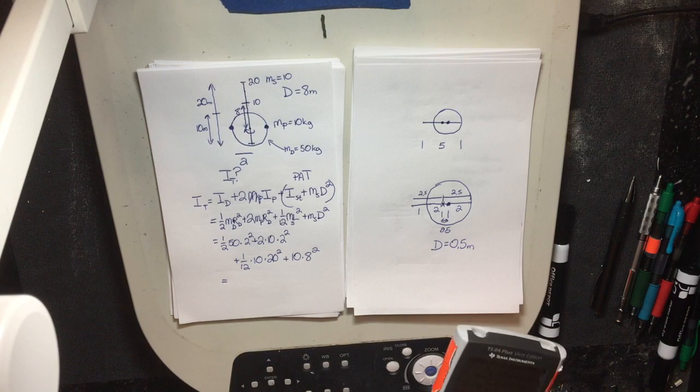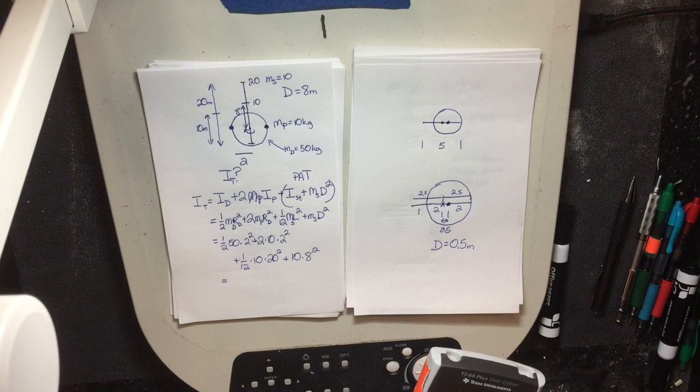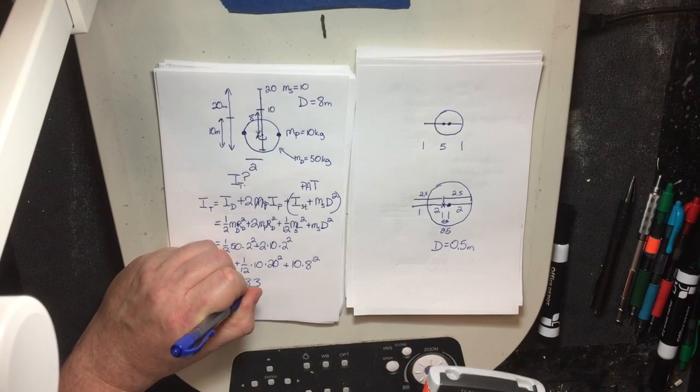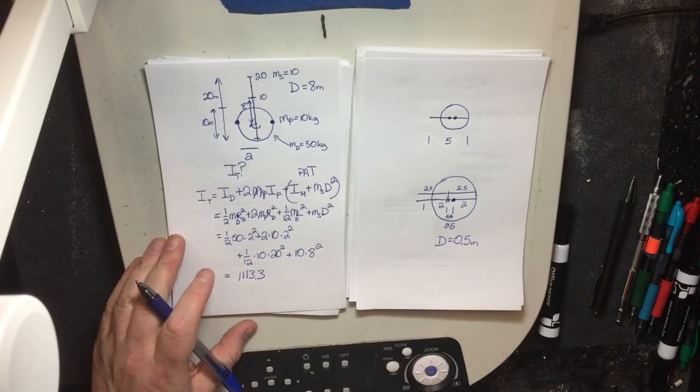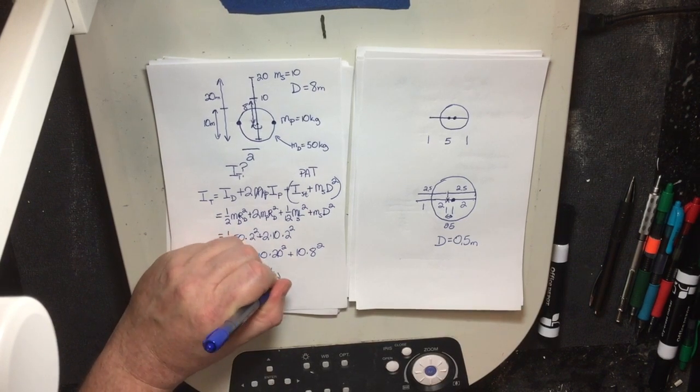Now it gets complex. I get 1113 1/3 kilograms meters squared.